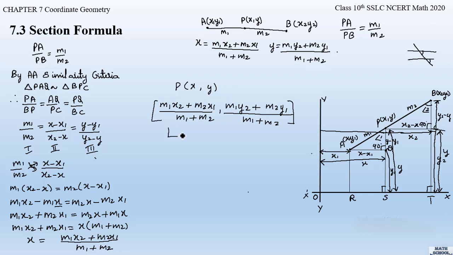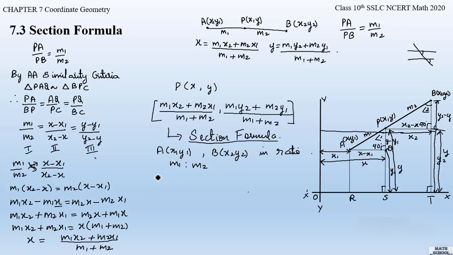So this is basically called the section formula, which divides a point A with coordinates x1, y1 and point B with coordinates x2, y2 in the ratio m1 is to m2. So this is nothing but the section formula.